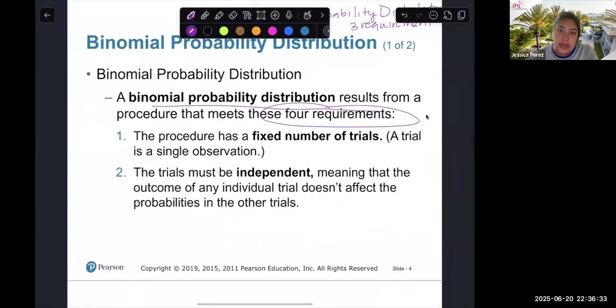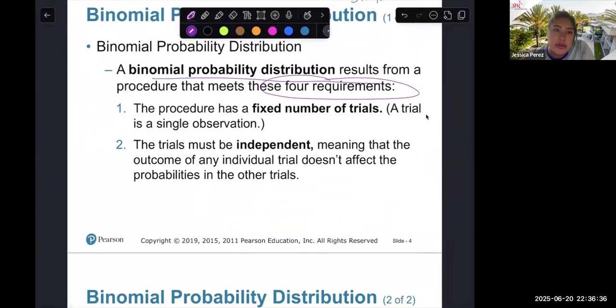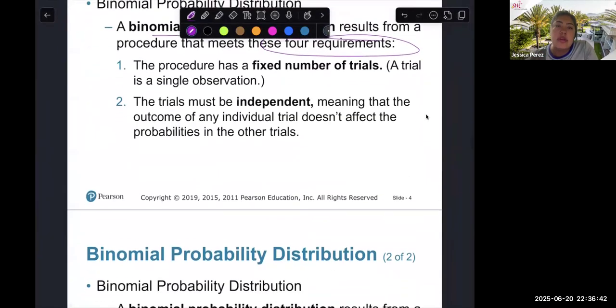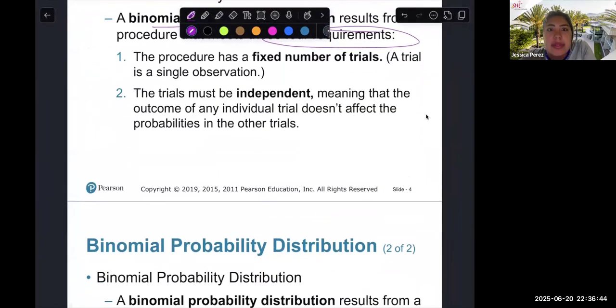The first one is that the procedure has a fixed number of trials in a single observation. So how many times are we performing the operation? The trials must be independent, meaning that the outcome of an individual trial does not affect the probabilities of other trials.